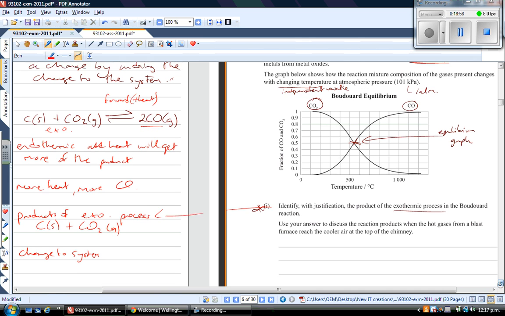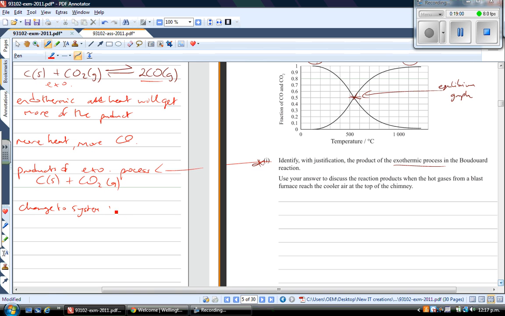And the change to the system here is that we are increasing the temperature. If you increase the temperature, the system wants to undo the change, so it wants to decrease the temperature. And it achieves this by producing more carbon solid and more CO2.